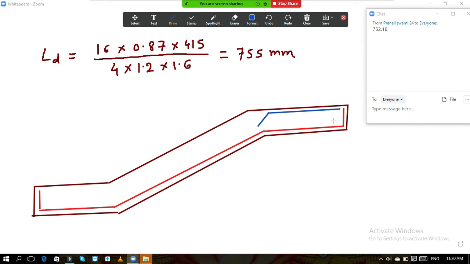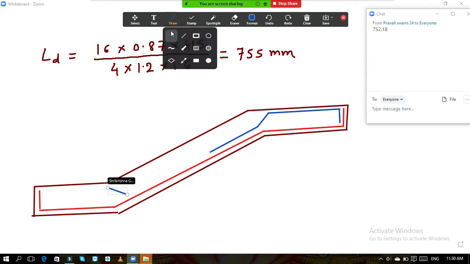You also copy down the reinforcement details. These are the anchored bars. This is extended up to the development length.